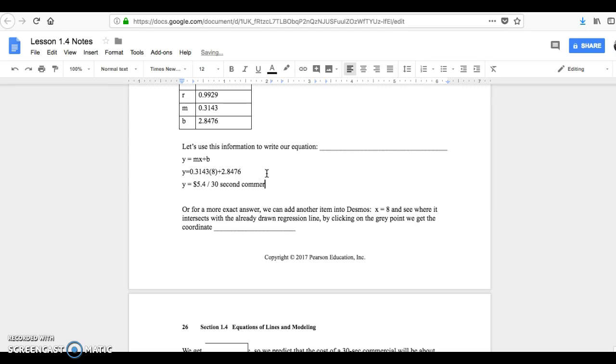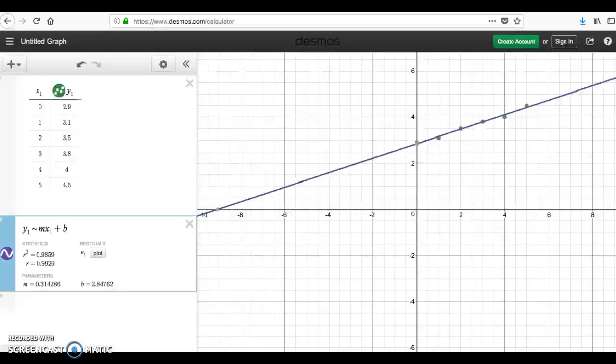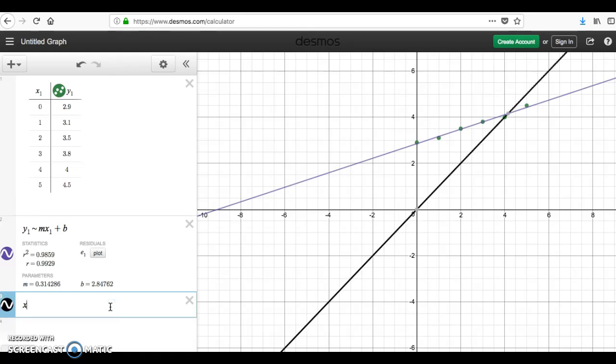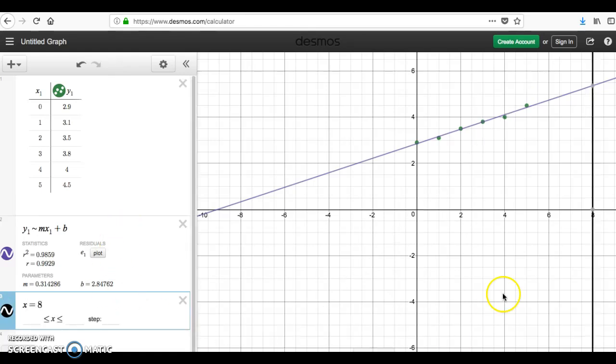Okay. Another way we could do this is looking at Desmos. We said that our x value is equal to 8, so I can say we want x to equal 8. Notice that it drew a vertical line here.